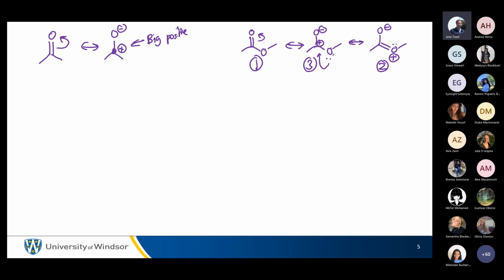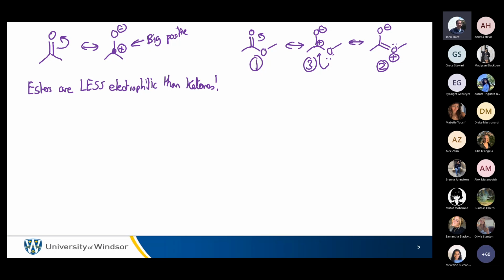So there's not as much localized positive charge, so it's not as electrophilic.